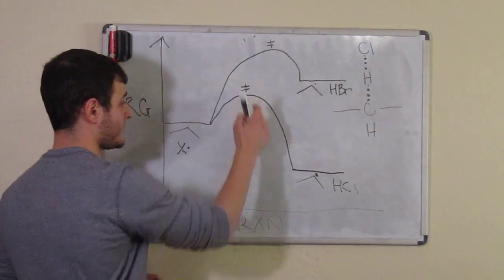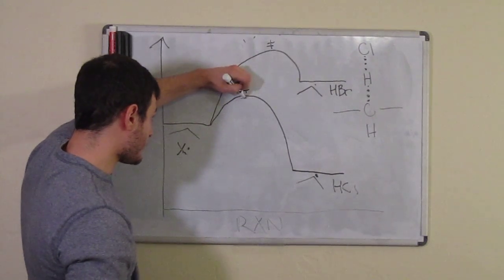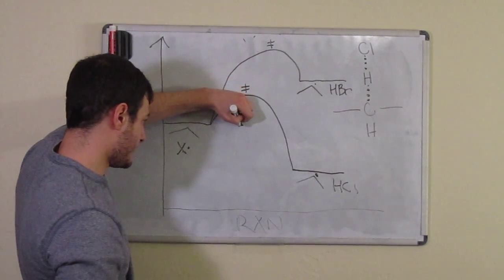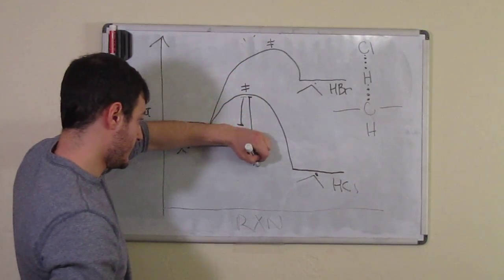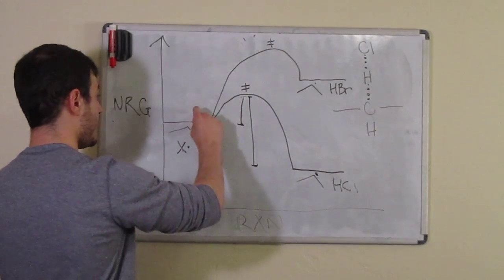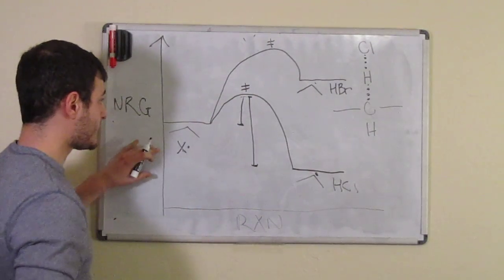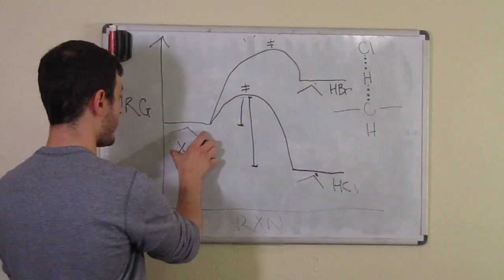So let's look at the transition state for the chlorination. If you look at what it's closer in energy to in comparison of the reactants and the products, you can see that the smaller energy difference is between the transition state and the reactants. Therefore, we say that the transition state more closely resembles our reactants.